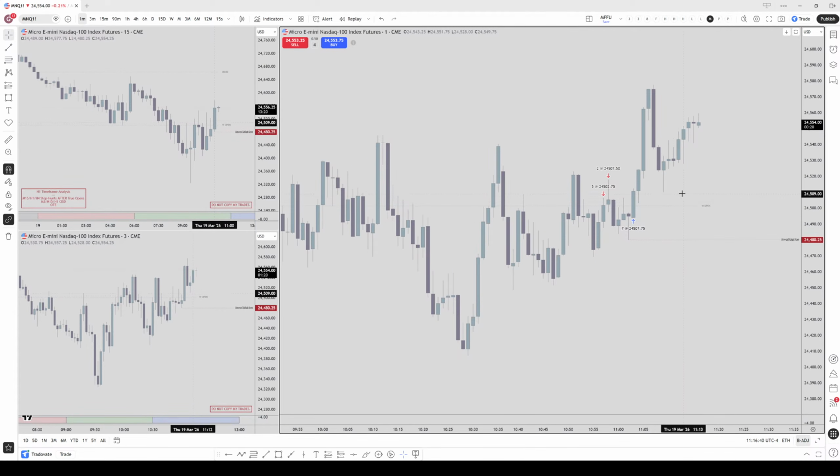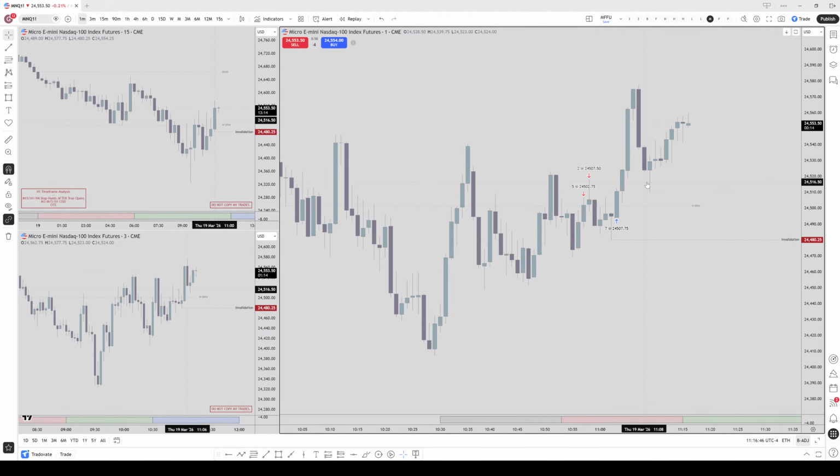I'm just going to stick to the rule. I'll be waiting for a 1 minute stop hunt. We traded back into discount already, so any stop hunts don't have to be this low. Any stop hunts on the lows would be fine.